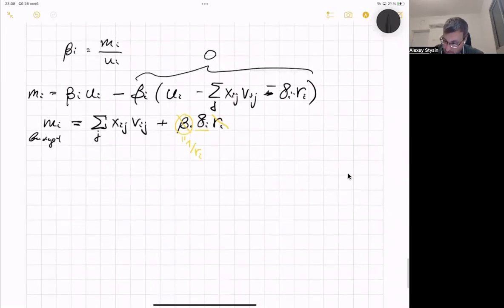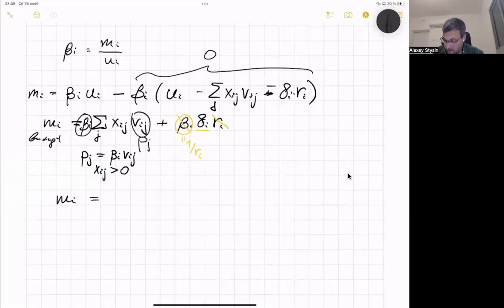Okay. So this should have been the beta i here too. Yeah. And now we also remember that pj equals beta i vij whenever xij is larger than 0. So we can actually replace this thing and this thing with pj. Okay, so now we're good.